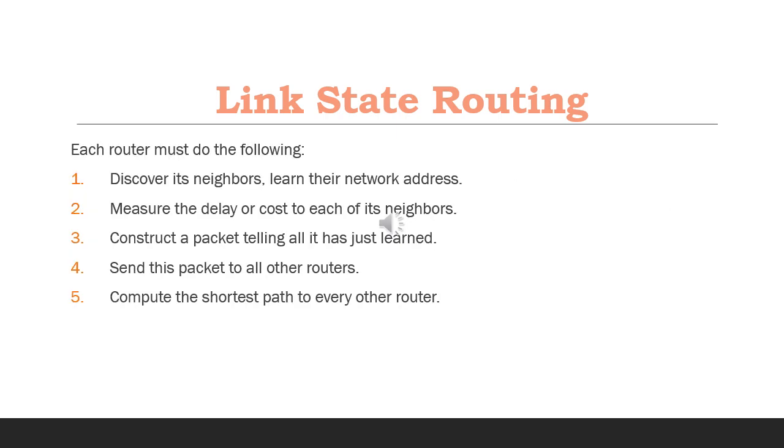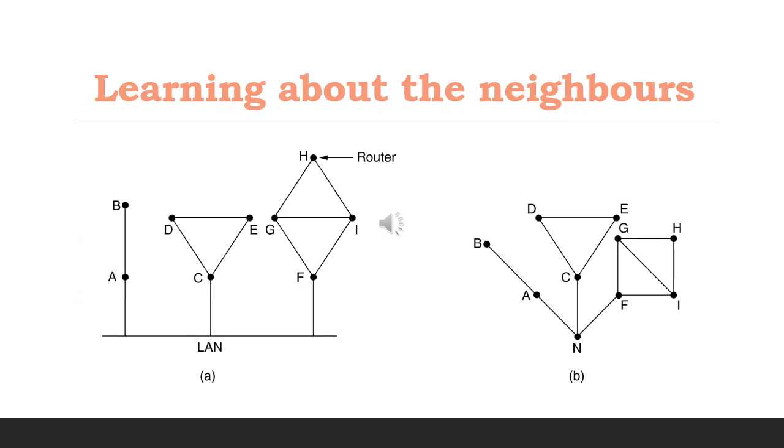Each router must do the following: discover its neighbors, learn their network addresses, measure the delay or cost to each of its neighbors, construct a packet telling all it has just learned, send this packet to all other routers, and compute the shortest path to every other router. Now here we have an example.